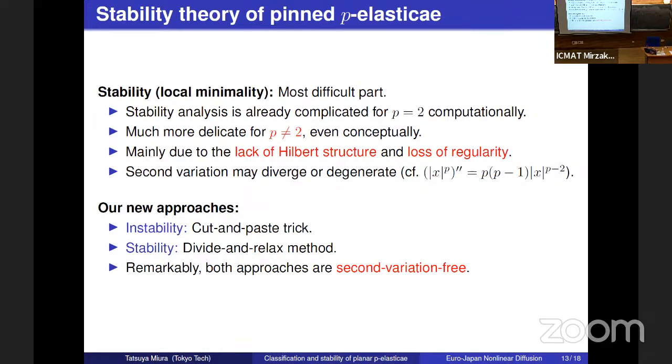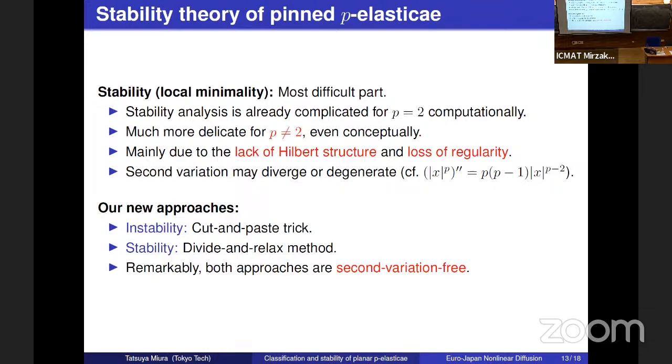So this is difficult. The second variation approach in principle doesn't work well without any ingenuity. So we have devised several very new approaches which do not rely on second variation arguments in this context. These are, in a sense, the main results of this talk, which I would like to emphasize.